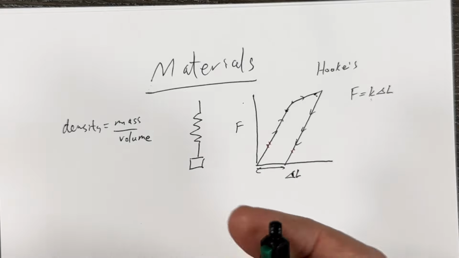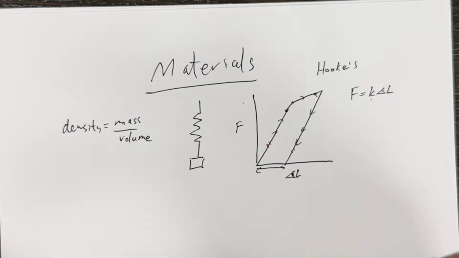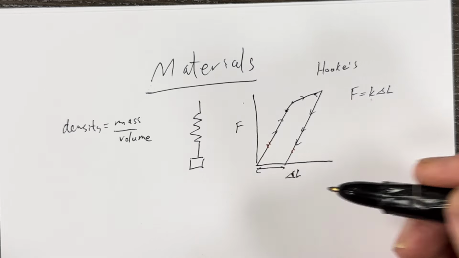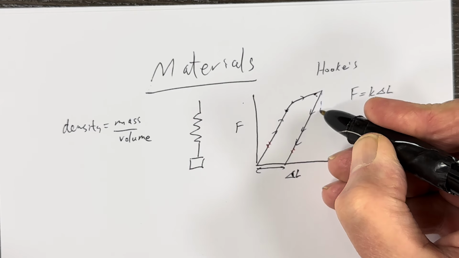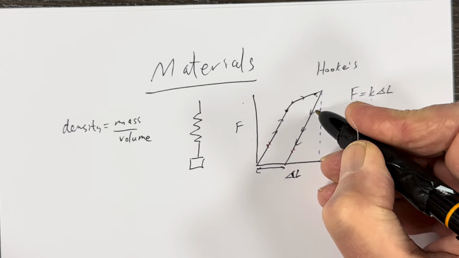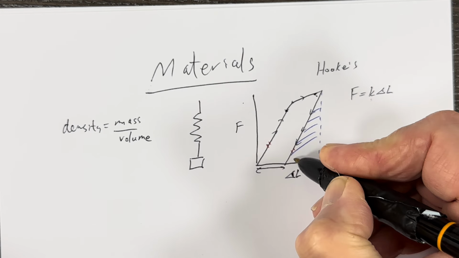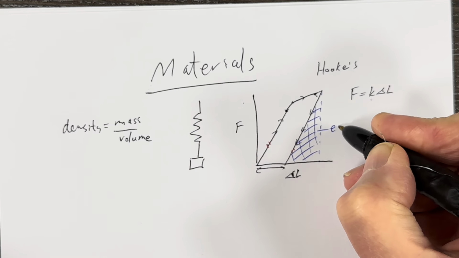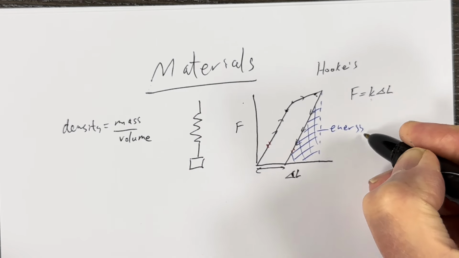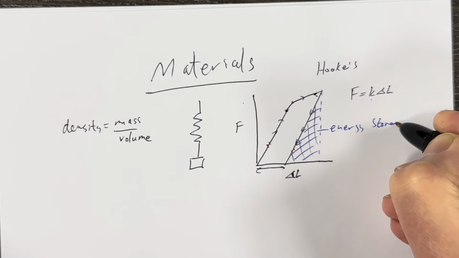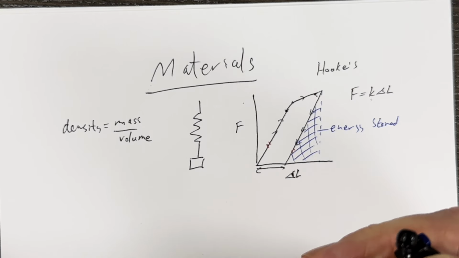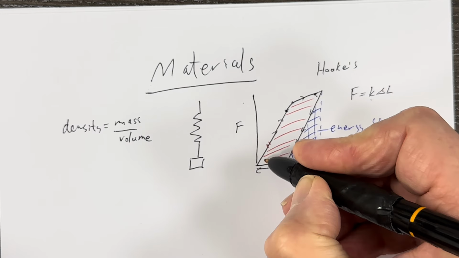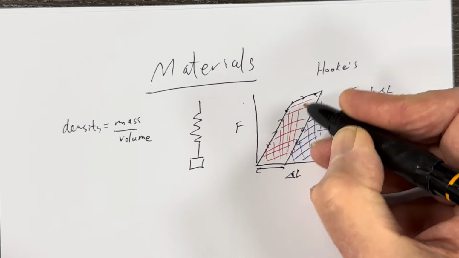And then we can start thinking about this in terms of energy. So the energy under the line, a force times the distance, gives an energy. And then this energy here, that was the energy we could get back out. So that was the energy stored. And then this area here represents energy that was lost in the process.